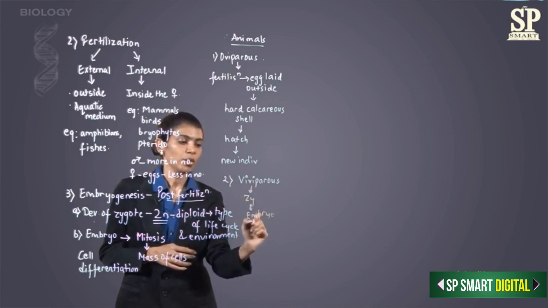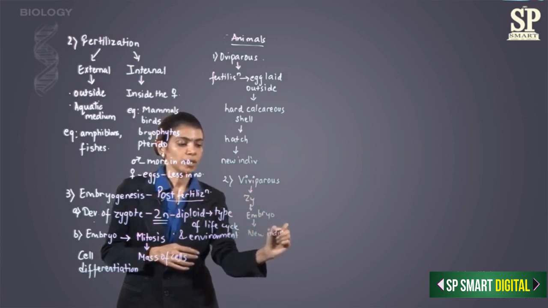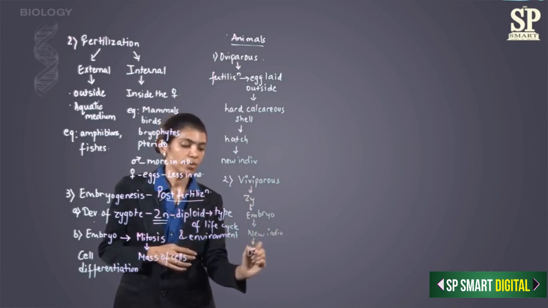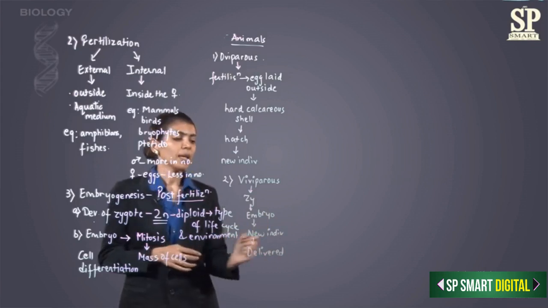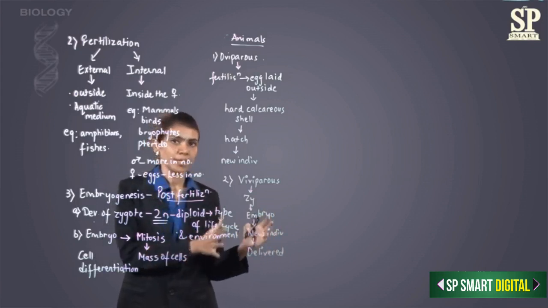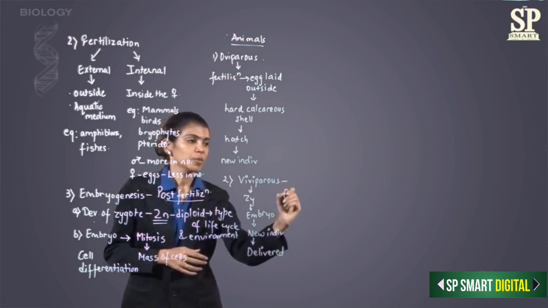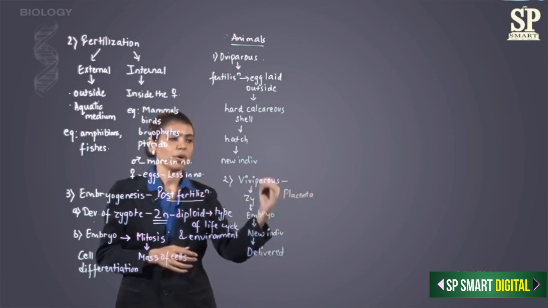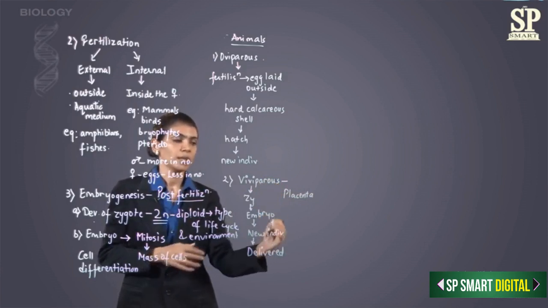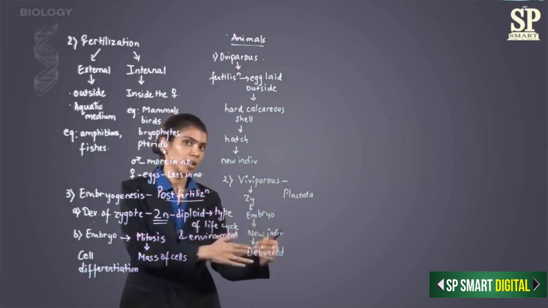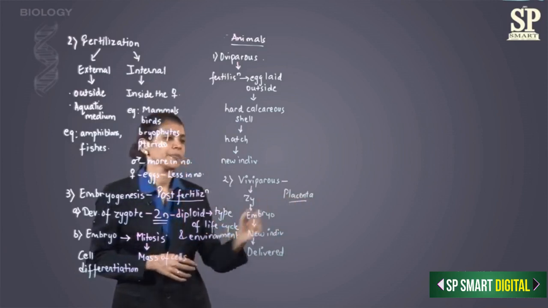Embryo will then form a new individual, and then this individual is delivered outside the body of the organism. Since there is presence of placenta, which is the nourishing tissue, in viviparous organisms, the chances of survival of the new individual are high.